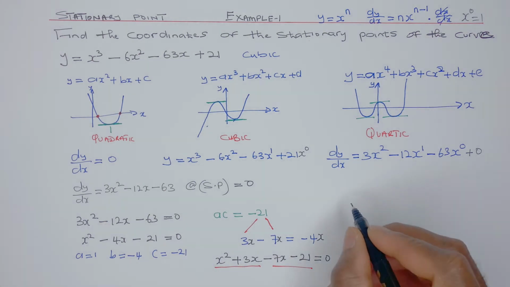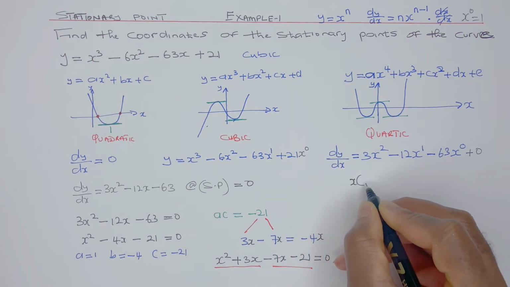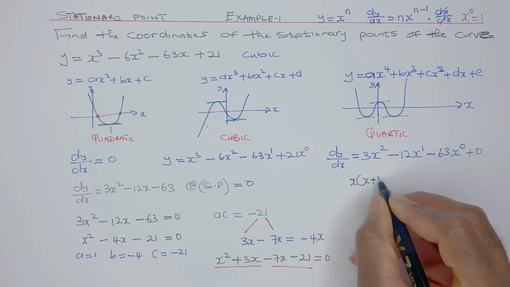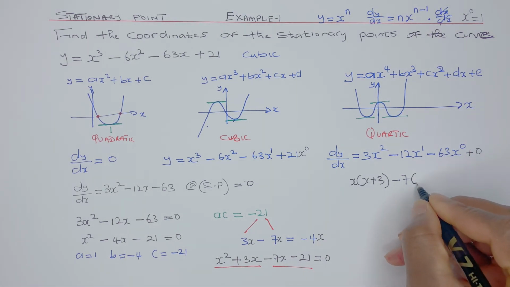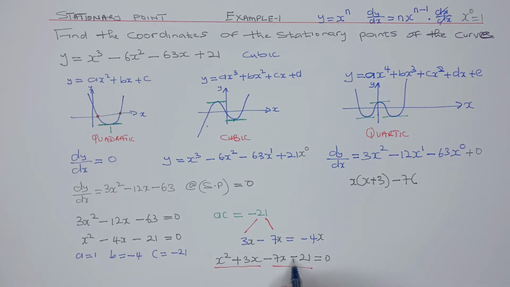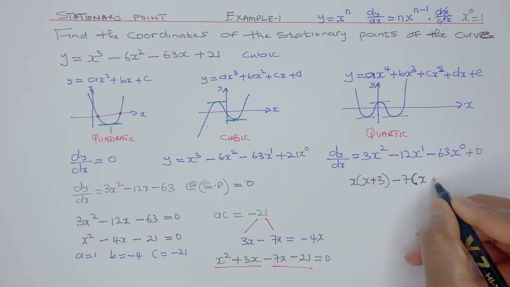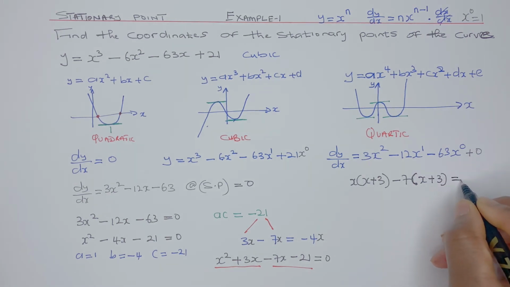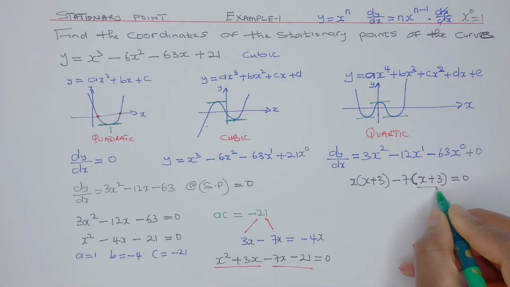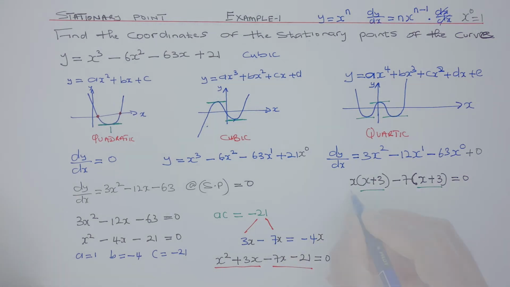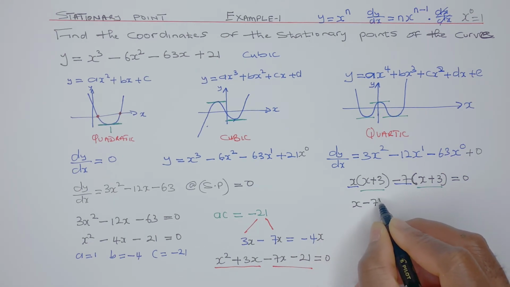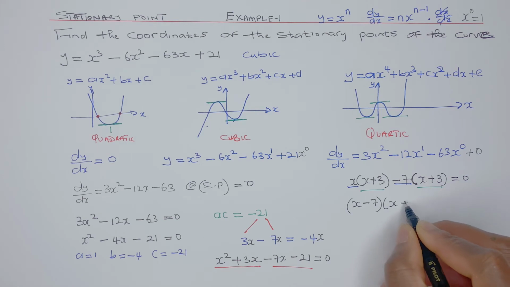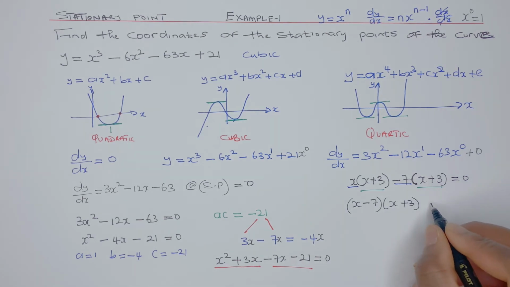If I take x out, I will get x into bracket x plus 3, minus 7 out because there's a minus here, so I'm taking minus, and 7 is common, so it's minus 7, open bracket. If I take minus out from here, the sign next to that will change. x plus 3 equals 0. Now I can see a common factor here, x plus 3, and I'm left with x minus 7. Therefore, x minus 7 times x plus 3 are the factors, and that equals 0.